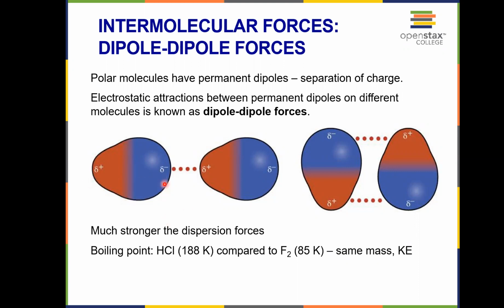When we have a partial negative and a partial positive, these poles can be attracted to each other. And so one molecule can be attracted to its neighboring molecule. Or maybe we can have a mechanism like this. Regardless, our interaction here is much stronger than our dispersion forces. And so we will have stronger intermolecular forces whenever we have polar molecules based on these dipole-dipole forces.